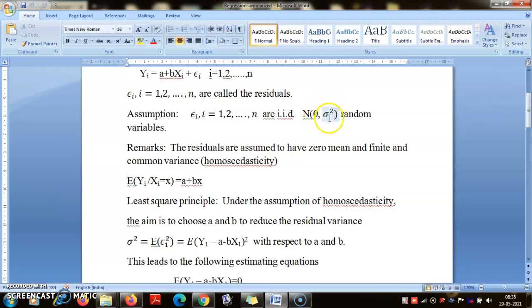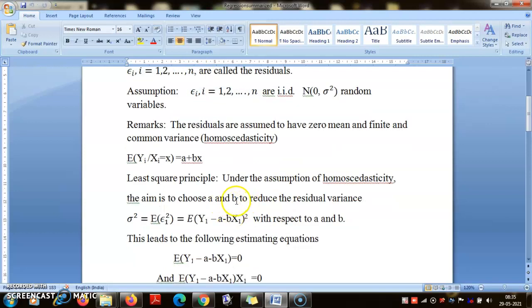If the variance is very small, then the errors will be minimized, because if I have a random variable with mean 0 and small variance, then the values of the random variable will fluctuate close to 0. That is what we want. So the idea was to choose a and b under this homoscedasticity assumption that all the errors have the same variance.